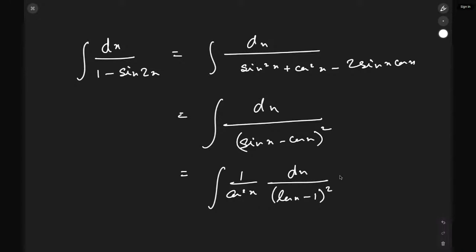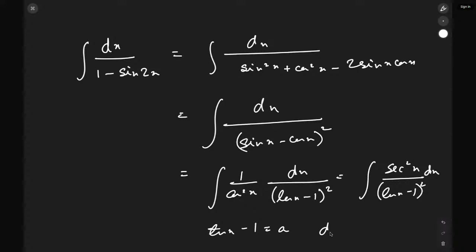Now, this will be the integration of sec square x upon tan x minus 1 the whole square dx. Now, if I put tan x minus 1 as A, then dA will be sec square x dx.